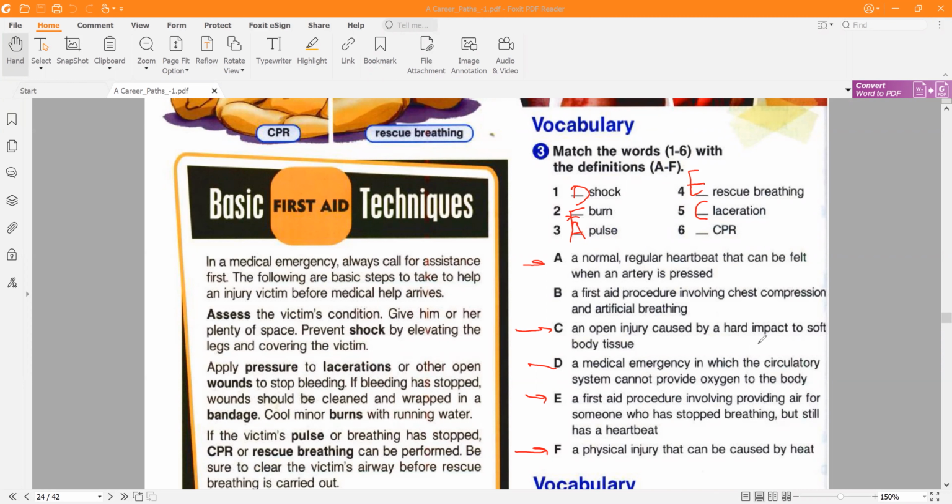CPR is finally number B. It is a first aid procedure involving chest compression and artificial breathing. So these are some of the most important vocabulary today.